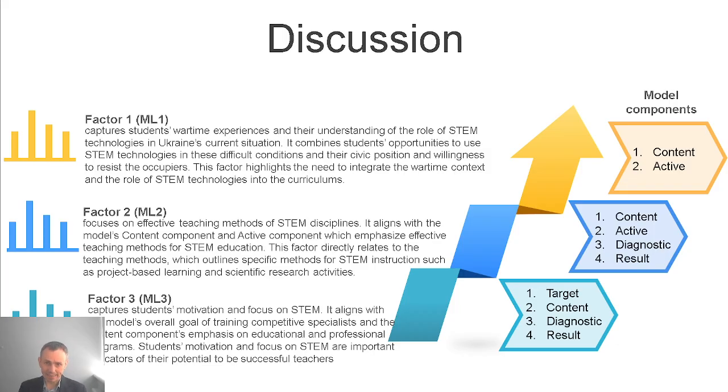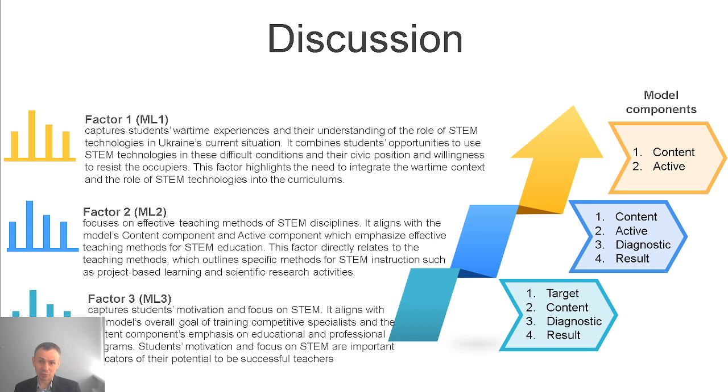We can state that the factors identified through the questionnaire have some relationship to the components of our model. Factor 1 captures students' wartime experience and their understanding of the role of STEM technologies in Ukraine's current situation. It combines student opportunities to use STEM technologies in this difficult condition and civic position.